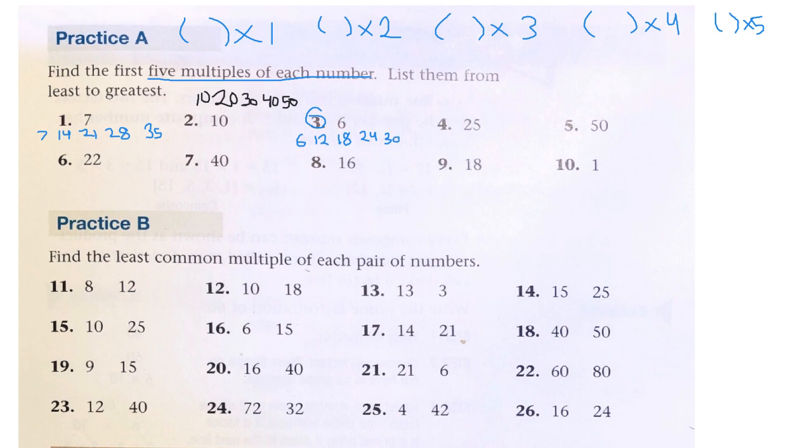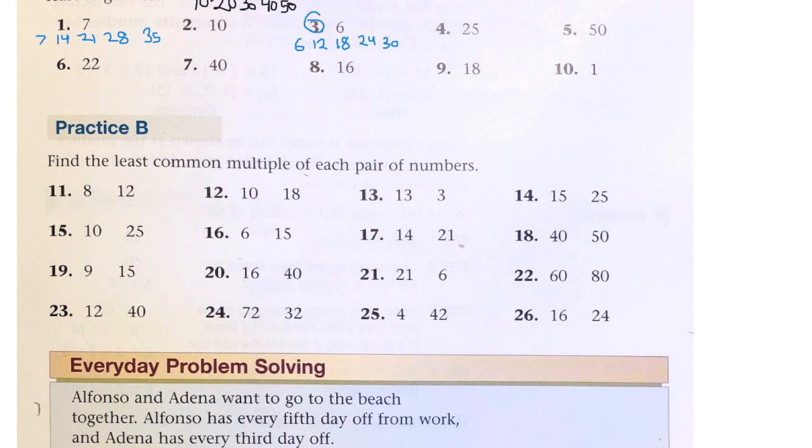Let's take a look at practice B. Find the least common multiple in each pair of numbers. So let's take a look at 15 and 25. So we can find some multiples. The first multiple for all numbers is 1 times that number.